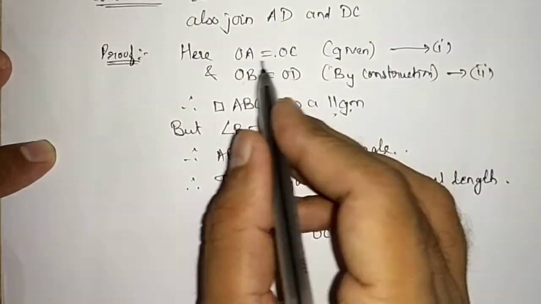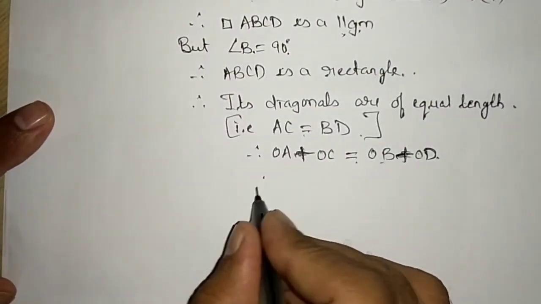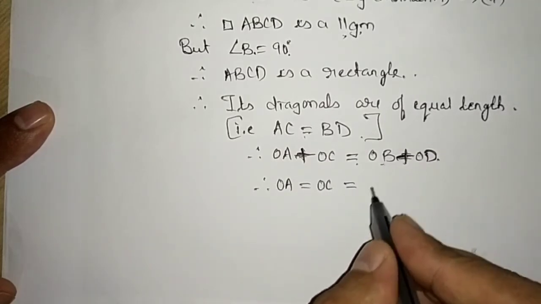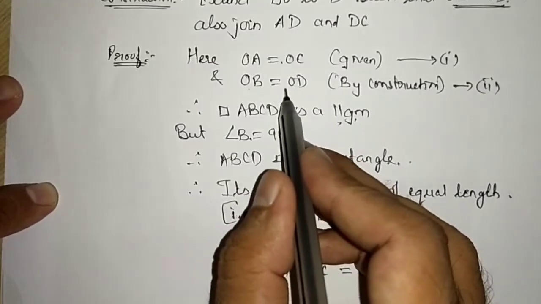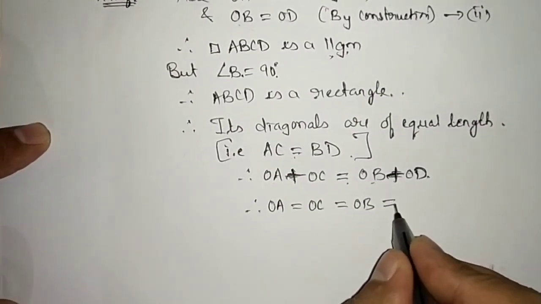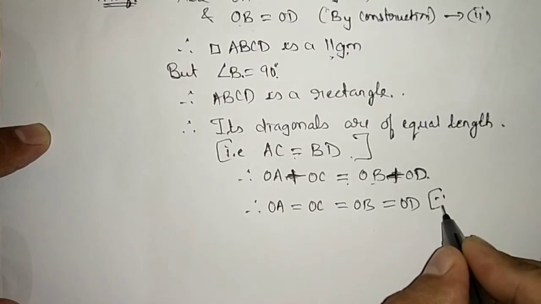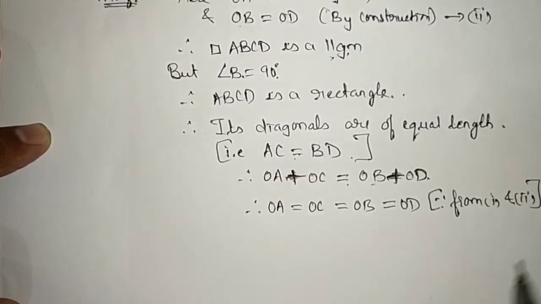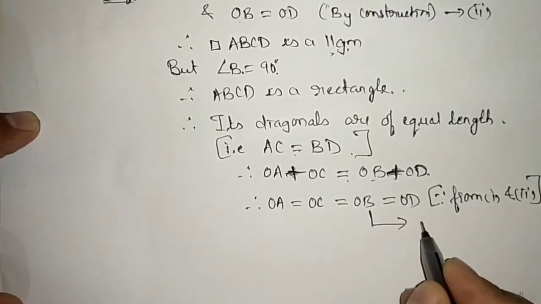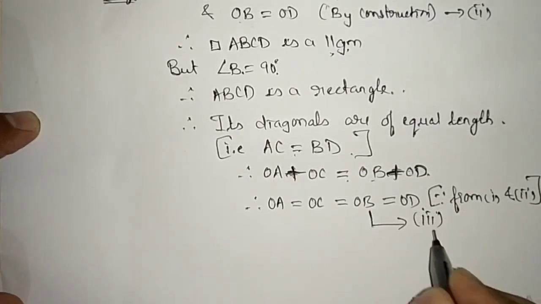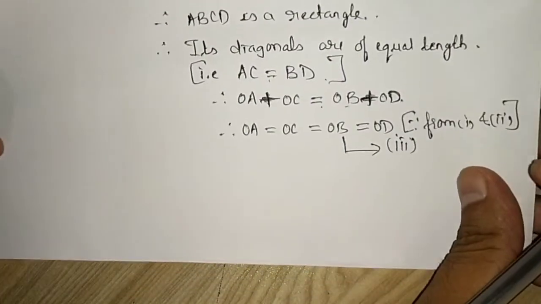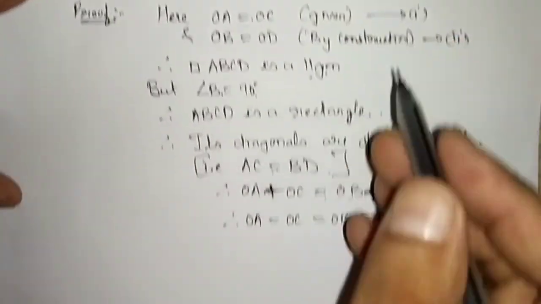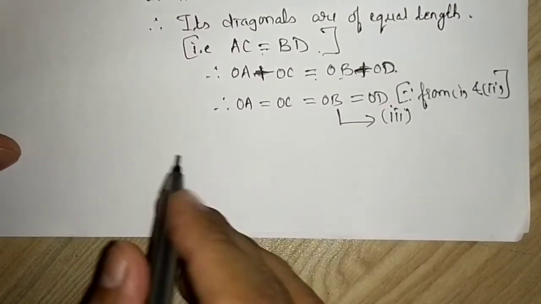But OA is equal to OC, and OB is equal to OD, from 1 and 2. And this I will give as 3. And what do we want to prove? We have to prove OA is equal to OB is equal to OC is equal to OD. That we have proved.